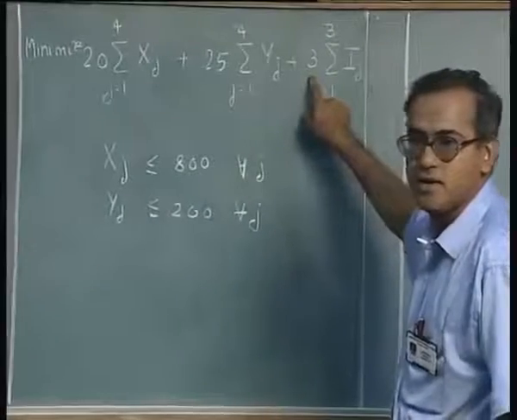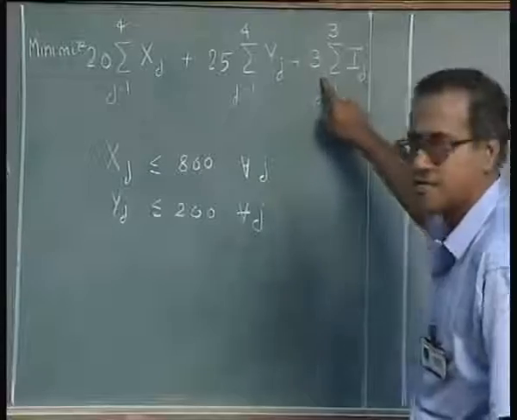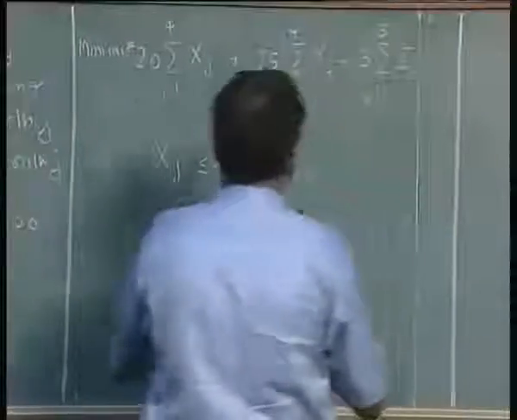we have to rewrite the objective function also here. This objective function now has these Ij's, so we have to write this Ij very carefully.